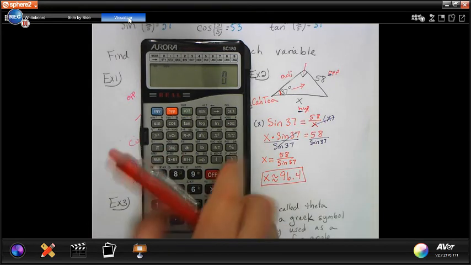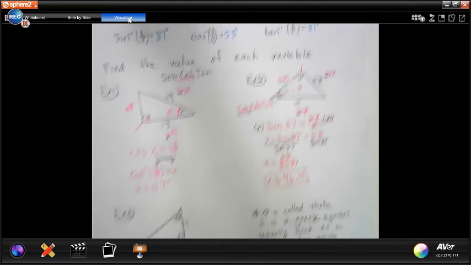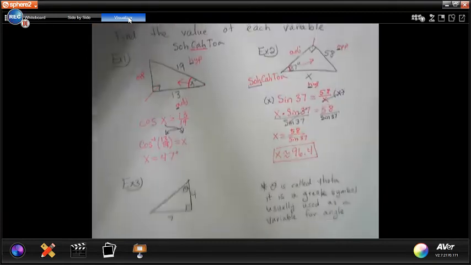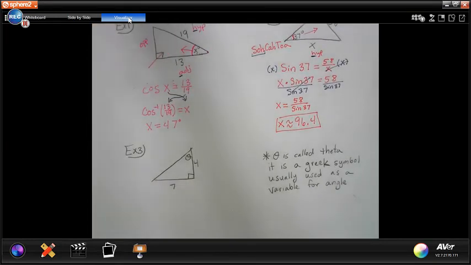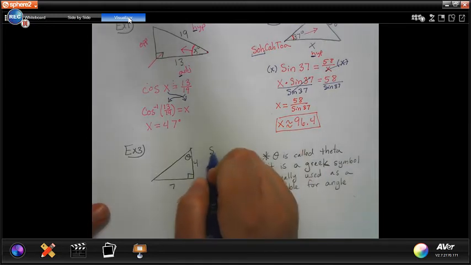Okay, one more problem. Last problem for this lesson. Here we have theta. Theta is our acute angle, so that's going to be our viewpoint. I'm going to write my SOHCAHTOA.